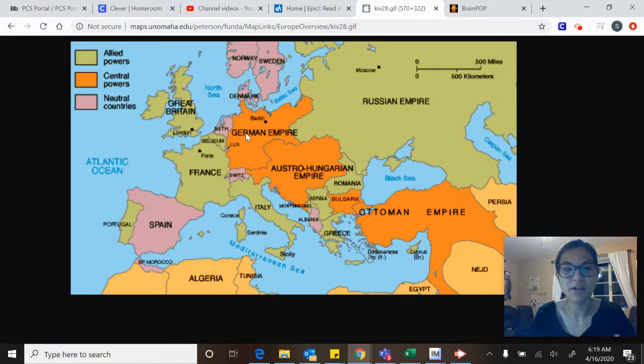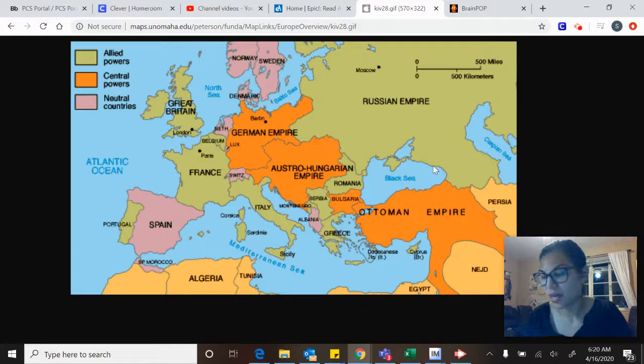Now, not all these countries just dove in right away. A lot of them came in and entered the war later, and they formed an alliance later, or they could have already previously had an alliance. I wanted to show you this map just to get a general idea of what side everyone was on.